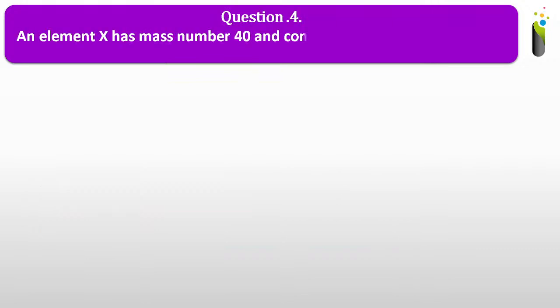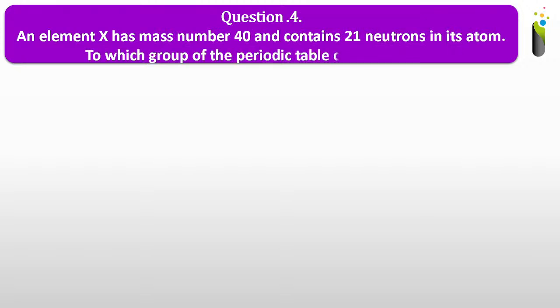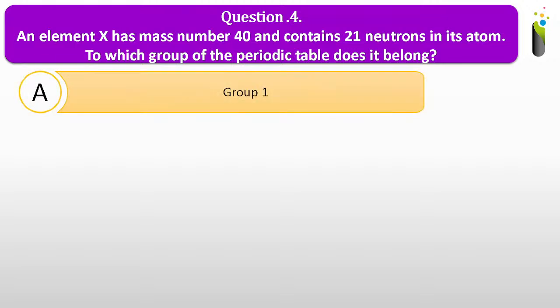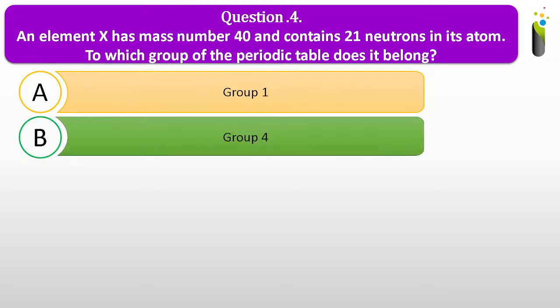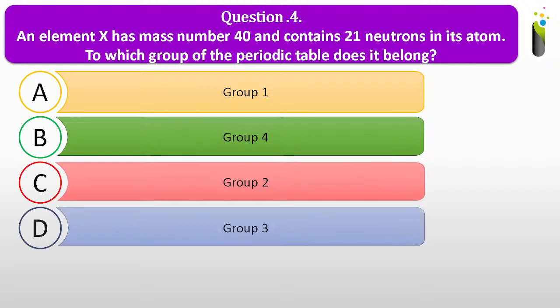Coming to the next question, number 4. An element X has mass number 40 and contains 21 neutrons in its atom. To which group of the periodic table does it belong? A. Group 1. B. Group 4. C. Group 2. D. Group 3.